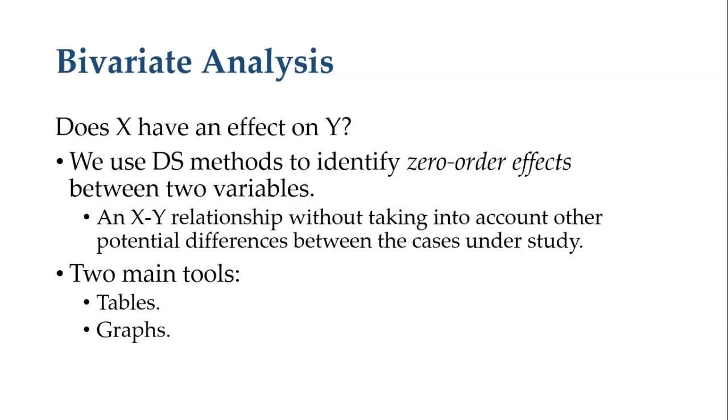For this reason, zero order effects, or this kind of bivariate analysis, is really not the best way to conduct a statistical analysis. But you can think about this as a first stage in the statistical analysis, in which you just see what is the relationship between these two potential variables.